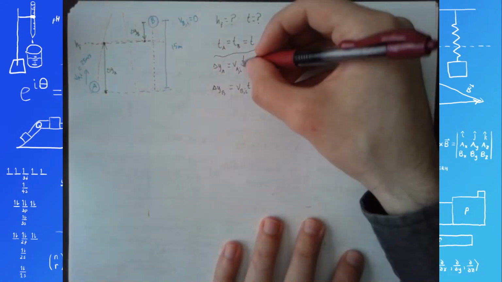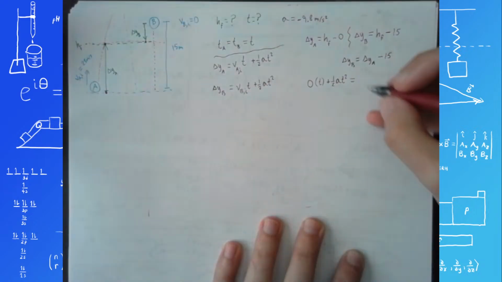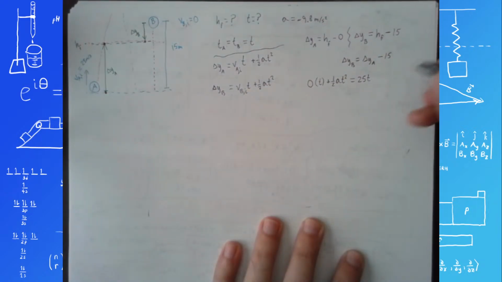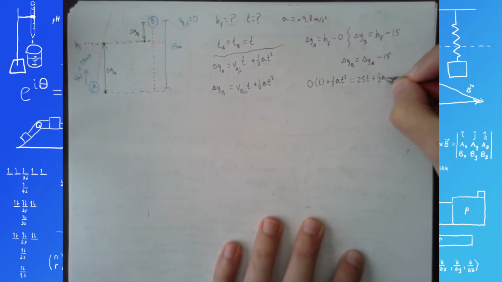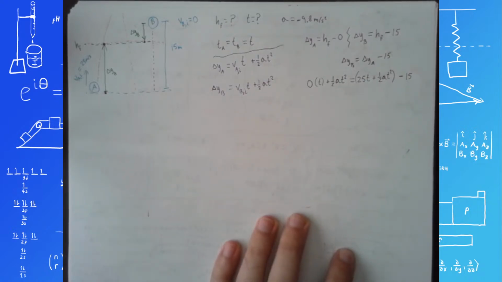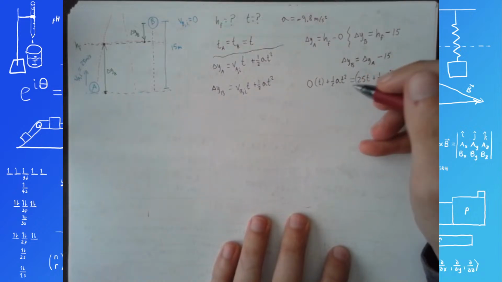Delta YA, VA initial times T, so that's 25T, plus 1/2 A T squared, and then that's your delta YA, and then the minus 15. I don't actually need those parentheses, but for the sake of organization, I decided to include them.